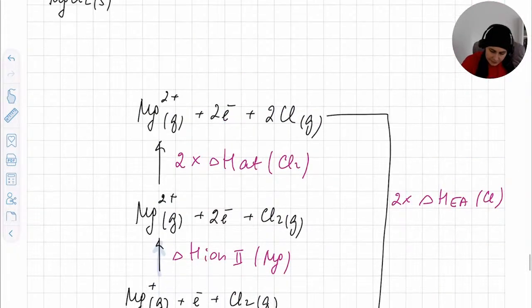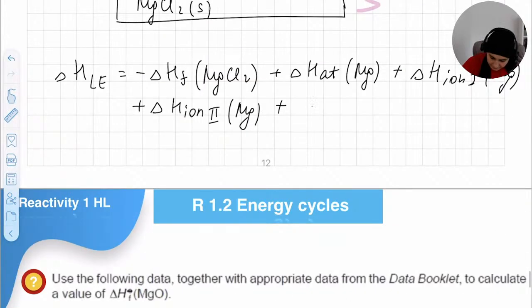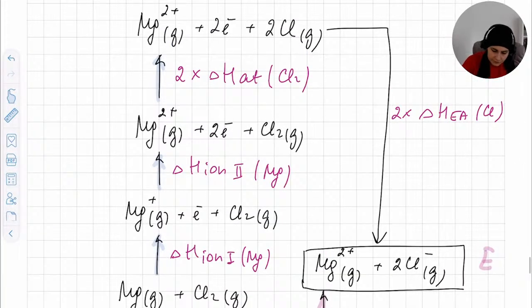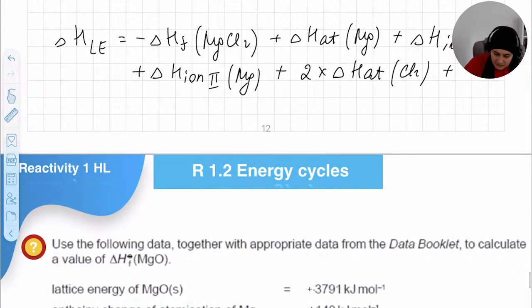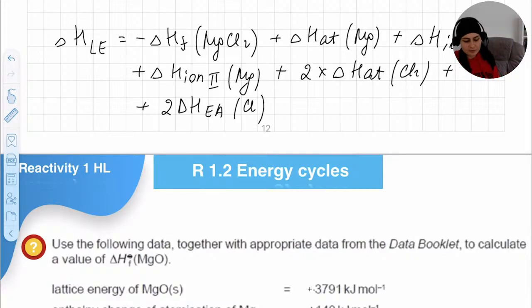Then 2 times atomization of chlorine. Then 2 electron affinities of chlorine. So you see the same signs as before, but somewhere you have the 2. So 2 will be added.